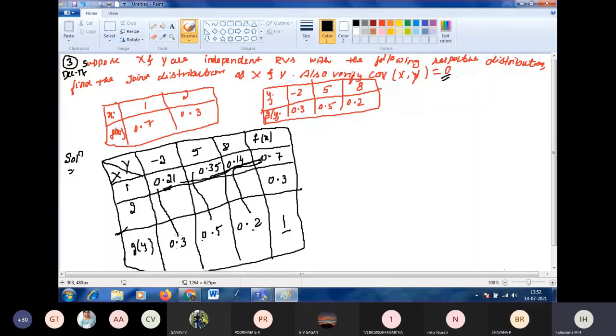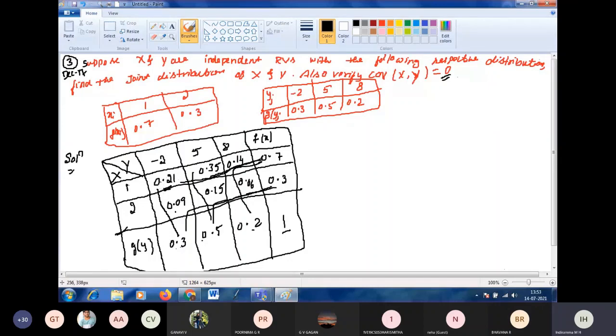Next, 0.3 into 0.3 is 0.09. Next, 0.5 into 0.3 is 0.15. 0.2 into 0.3 is 0.06. You can check your values.